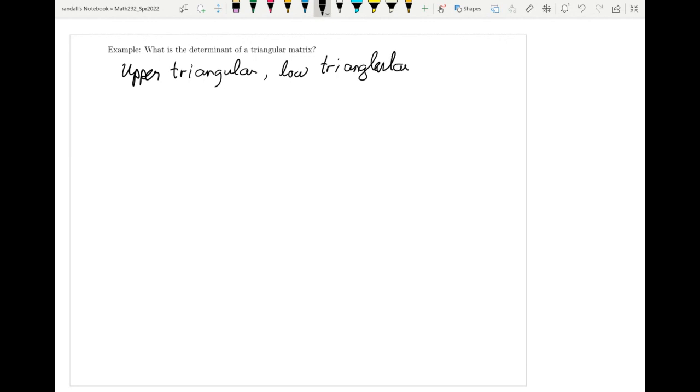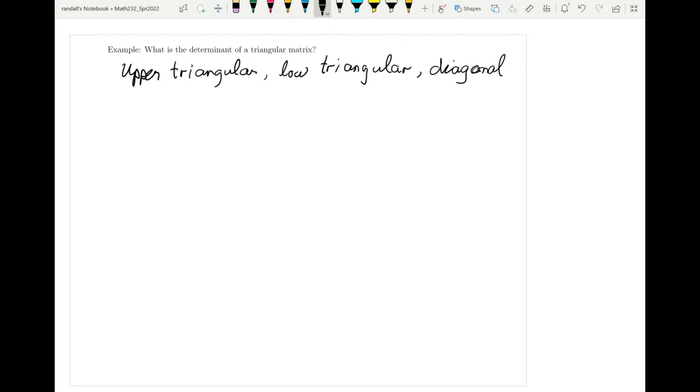The lower triangular has the non-zero entries in the lower part, and then the matrices that are both upper and lower are the diagonal. All right, so a diagonal matrix is both upper and lower triangular. So this is what we're talking about.